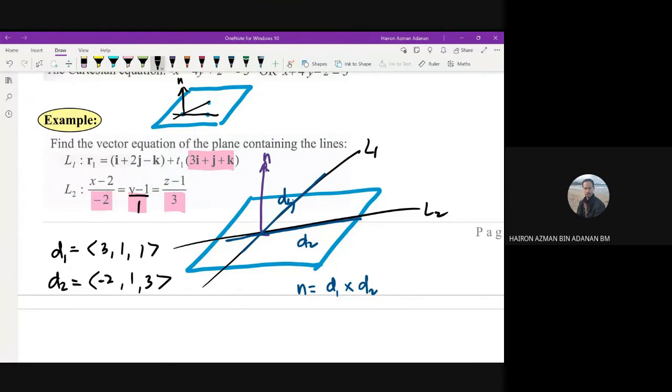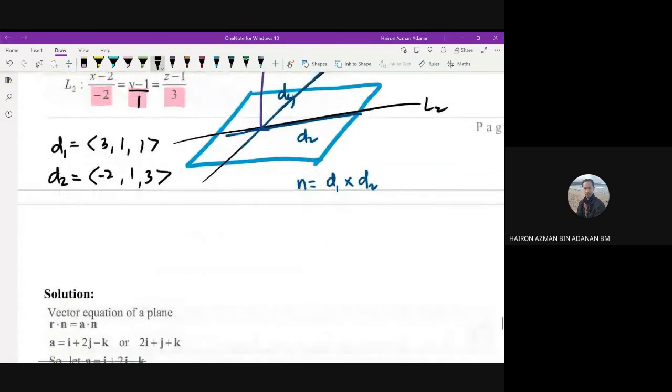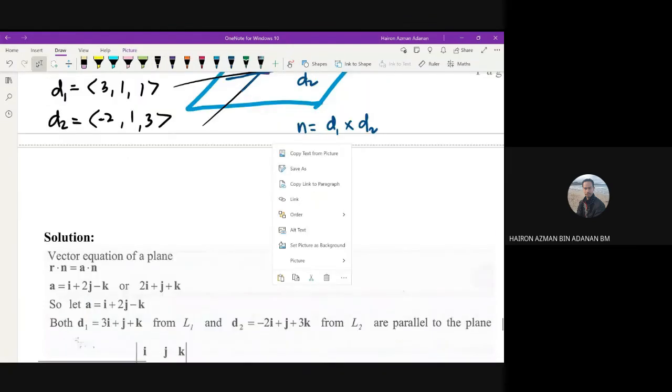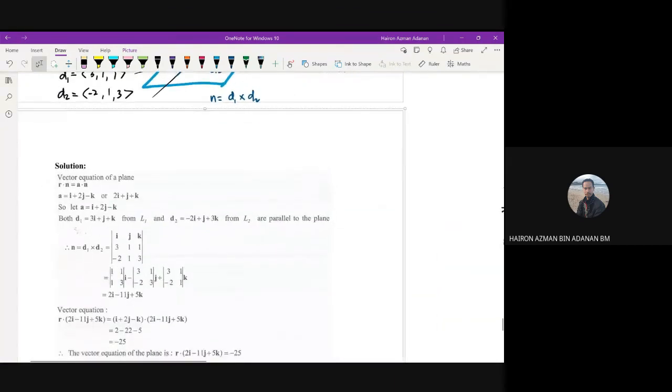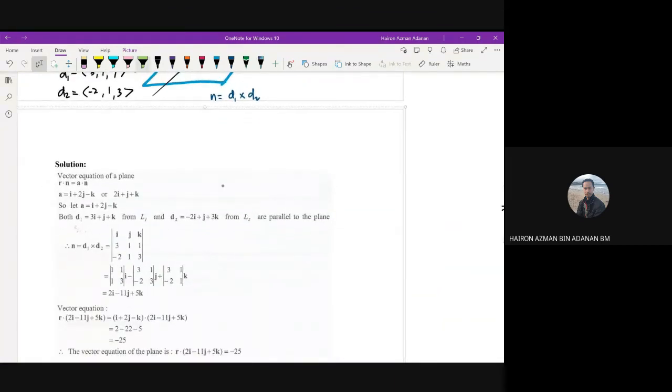Boleh? So untuk dapatkan normal kita cross lah. Okay, so kita cross. Okay, dah. I just show the complete solution here. D1 3, 1, 1, D2 -2, 1, 3.